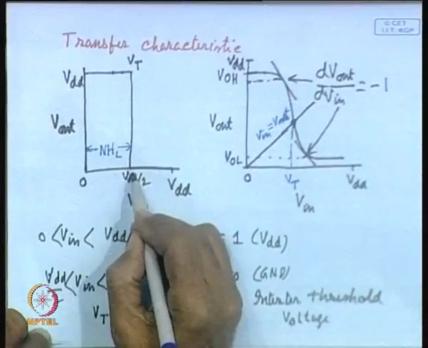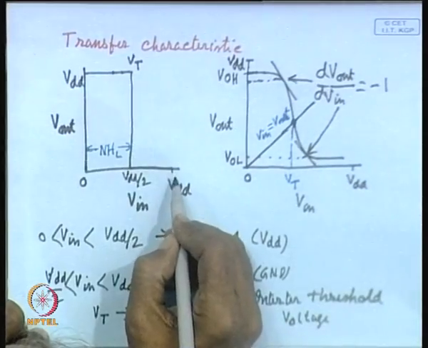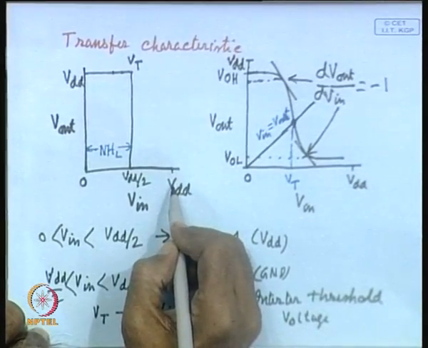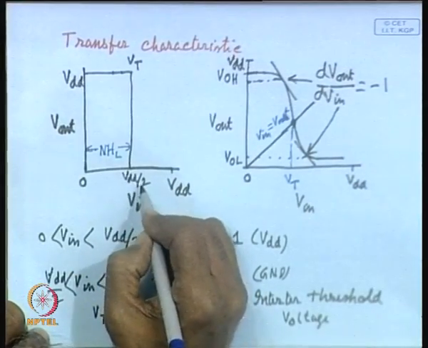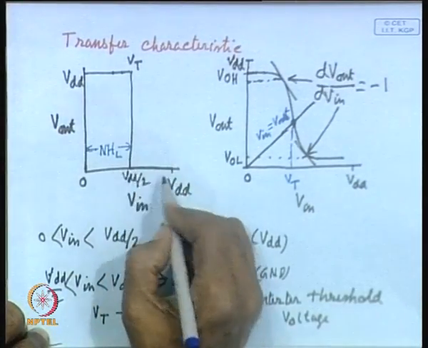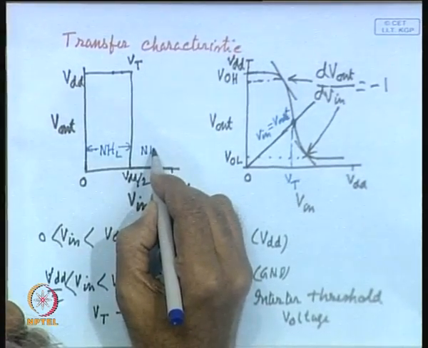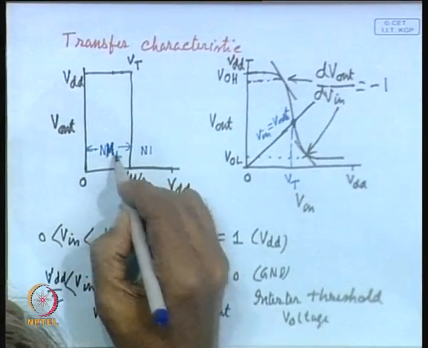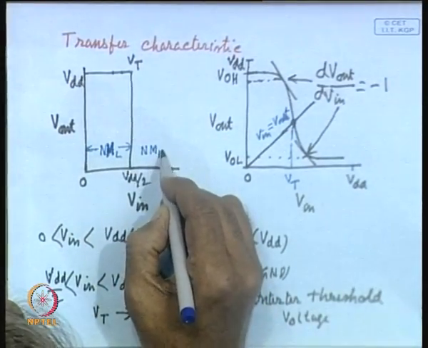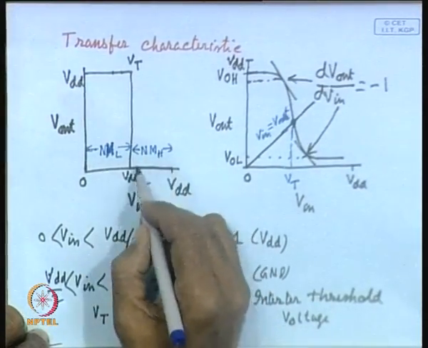As a consequence, the voltage may vary, maybe a little less than VDD, but as long as the input voltage is in this range, VDD by 2 to VDD, the output will be correct. So, that is why the noise margin high, you can see, is also in this range.